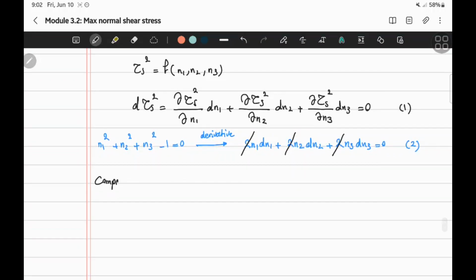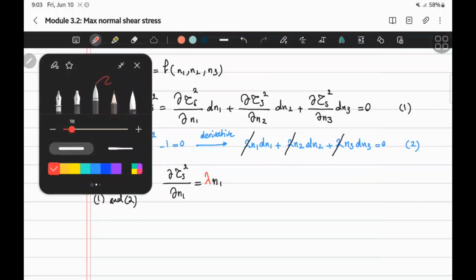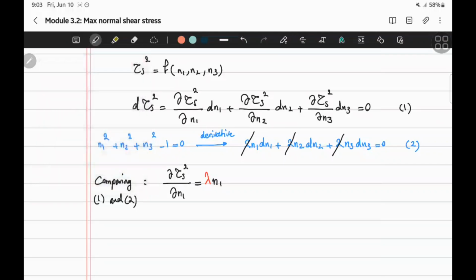So comparing 1 and 2, we get the partial derivative of tau s squared with respect to n1 is equal to n1 and a multiplier like lambda. Then we have the partial derivative of tau s squared with respect to n2, which is equal to a multiplier times n2.